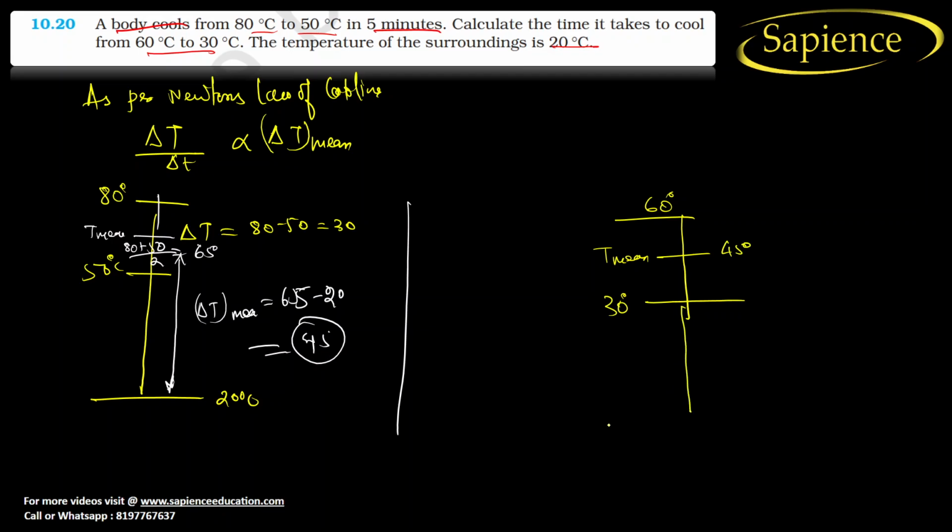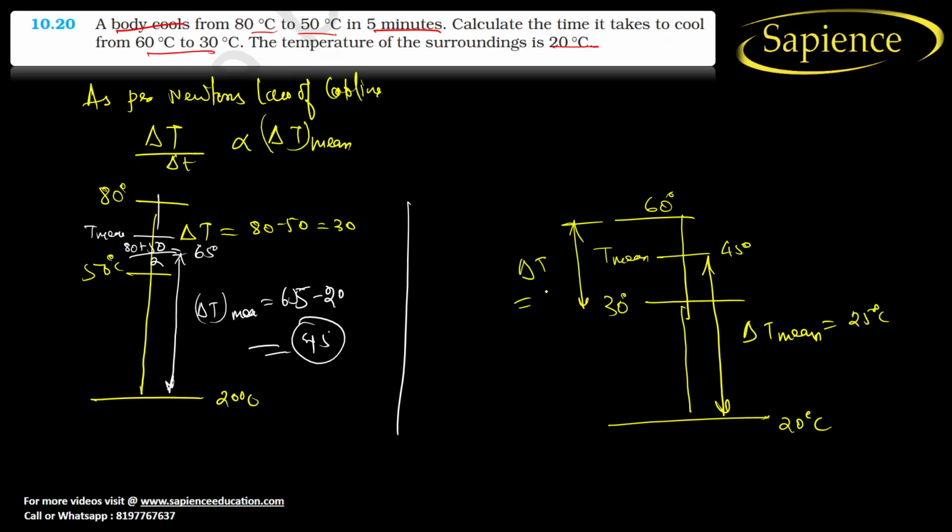Now the atmospheric temperature is 20, so delta T mean is 45 minus 20, so this will be 25 degrees Celsius. And the delta T will be here 60 minus 30, that is 30. Now we need to use this equation, so we can write delta T by time is equal to k into delta T mean.